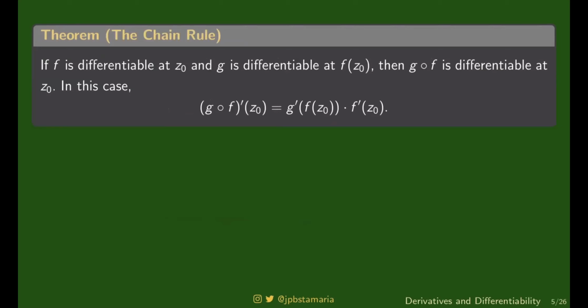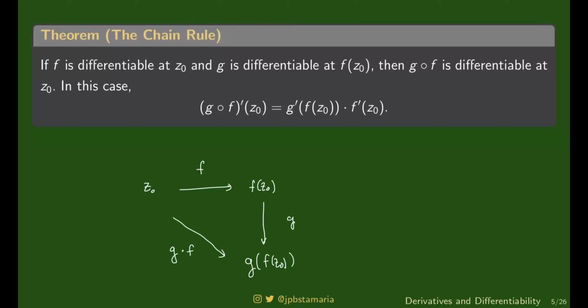We still have the chain rule. The chain rule is just about the composition of two functions. Parang kapag meron kang f na differentiable, tapos si g na differentiable, in-apply mo siya sa f of z naught, di ba? So ito yung g circle f.